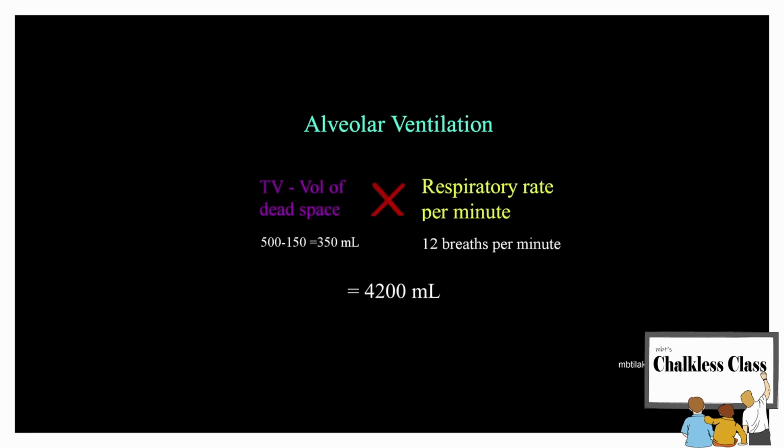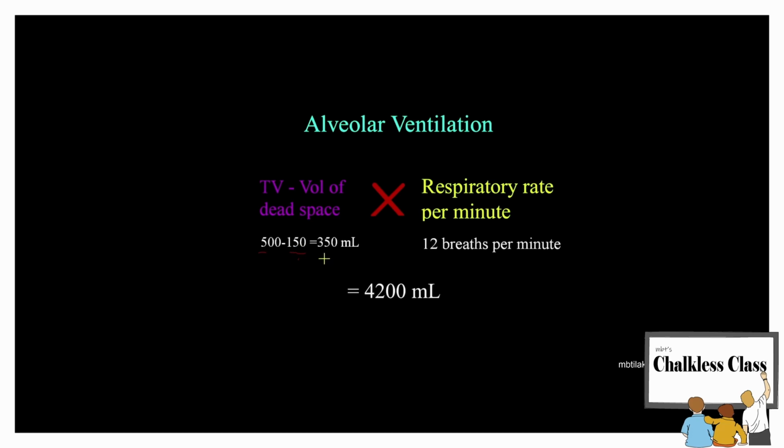Alveolar ventilation explains the actual exchange of air in the lungs. This is equal to tidal volume minus volume of dead space. You know that tidal volume is 500 and the volume of air in the anatomical dead space is 150. So 150 ml is not participating in the actual exchange of gases.